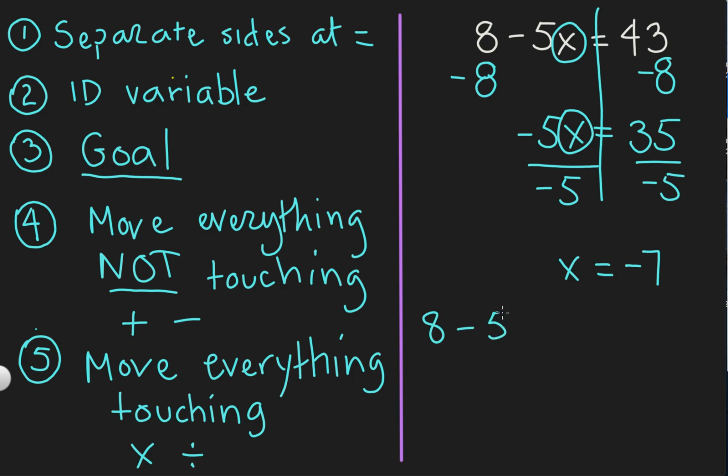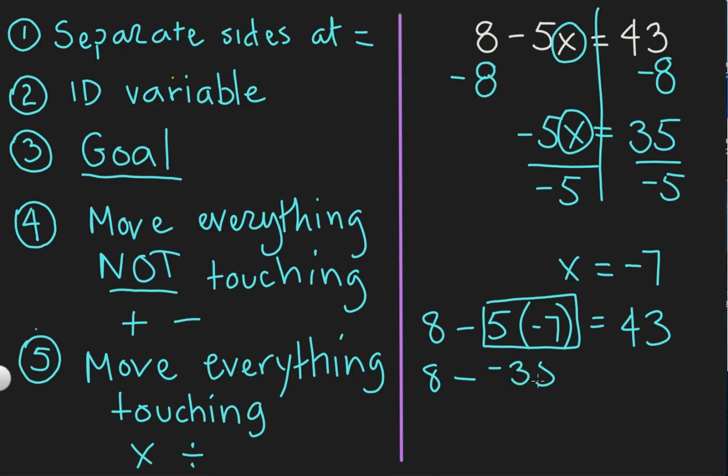Plugging my values in. Remembering PEMDAS, I'm going to do the multiply part first. So we've got 8 minus, then we've got 5 times negative 7, which is negative 35.